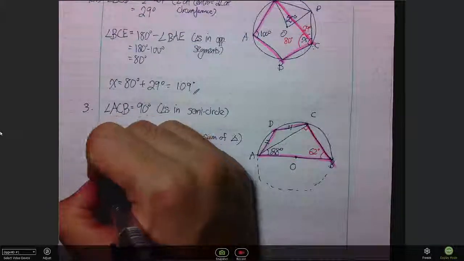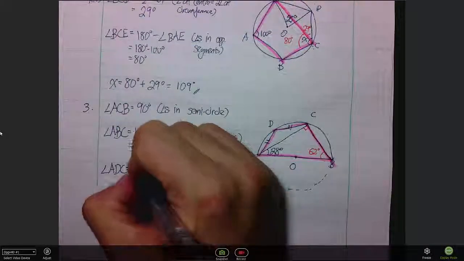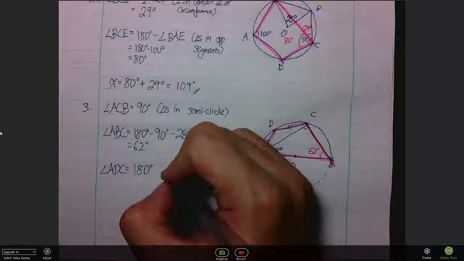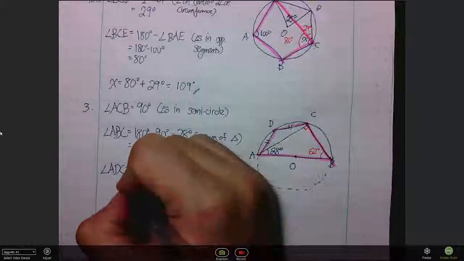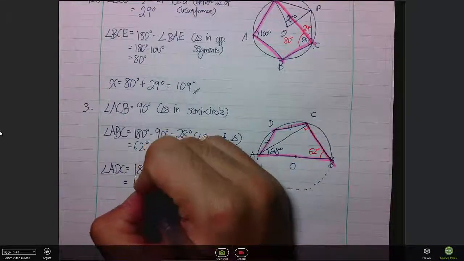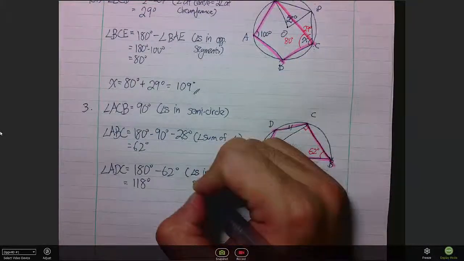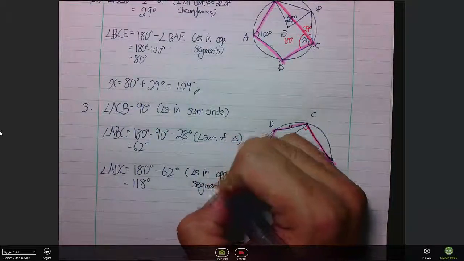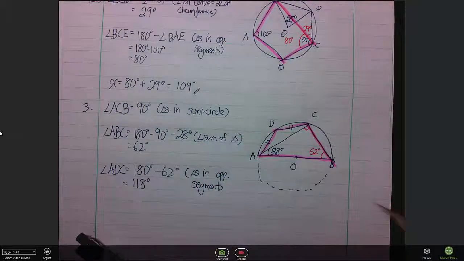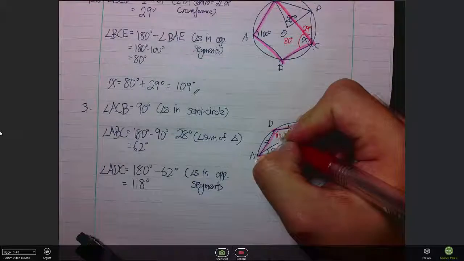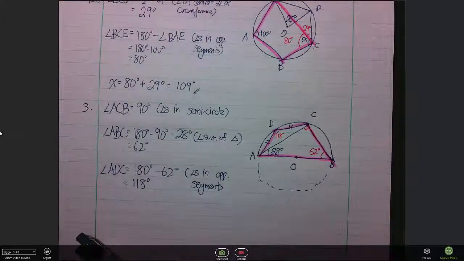So in this case, angle ADC is equal to 180 degrees minus 62 degrees. So I get 118 degrees. And the reason here being angles in opposite segments. So I use a red pen to write here 118 degrees. And I found my angle ADC as they want me to find.